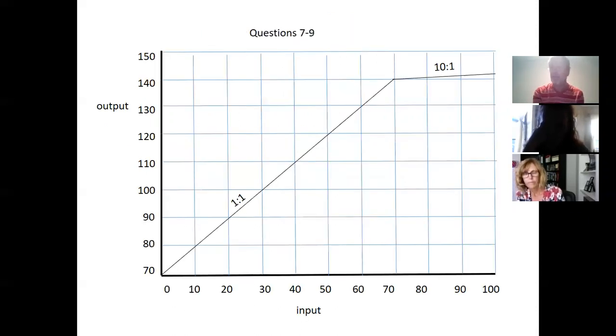Look at it. So it's linear gain for all these inputs. As my inputs go up by 10, my outputs go up by 10. And the difference between them is 70. So it's 70 dB gain for all of these inputs until the knee point.